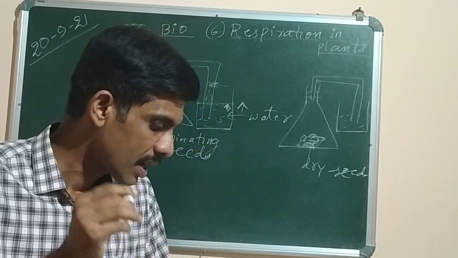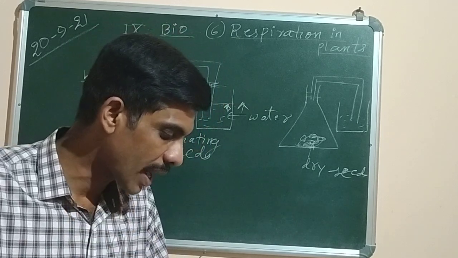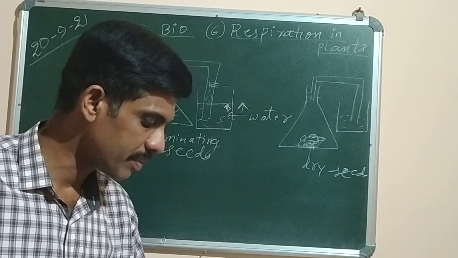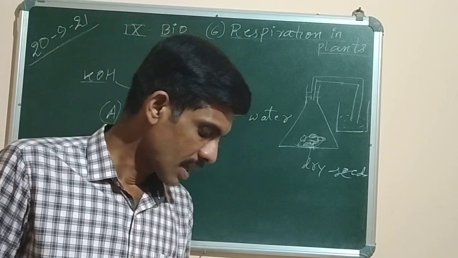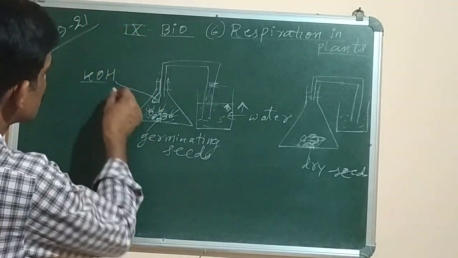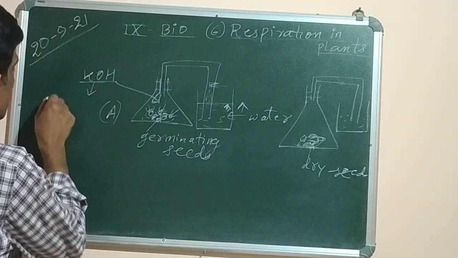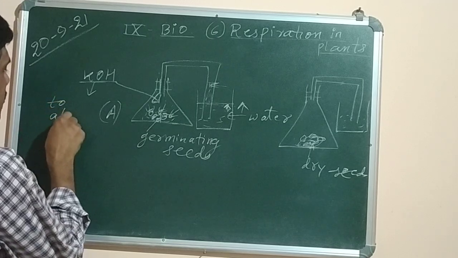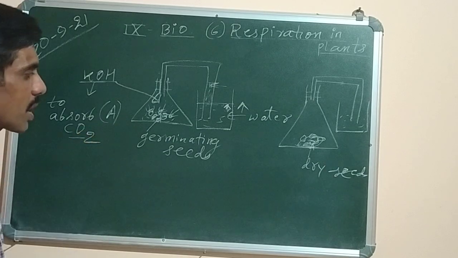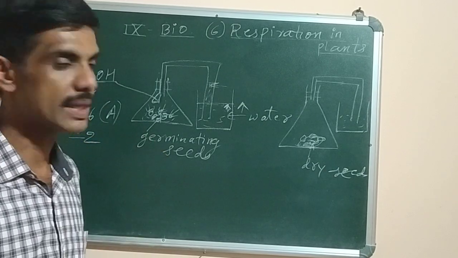So if you take a small test tube containing soda lime or KOH solution in it, the carbon dioxide produced is absorbed by the soda lime. Its function is to absorb CO2. Now from where does this CO2 come? It comes from the germinating seeds.